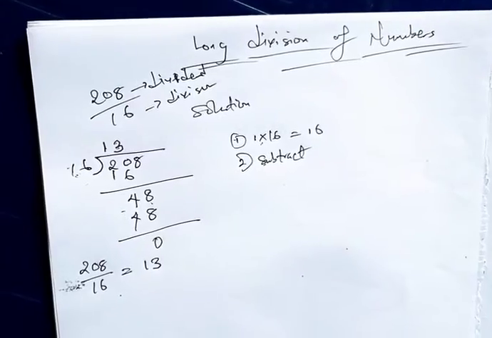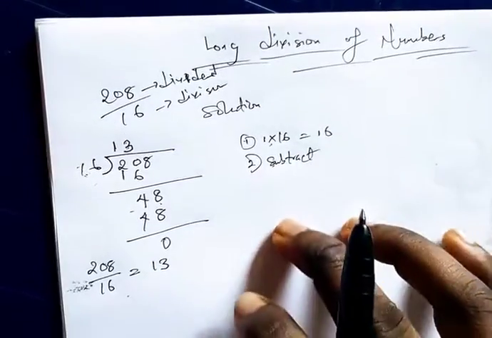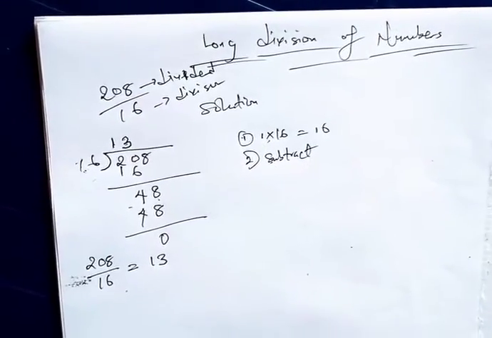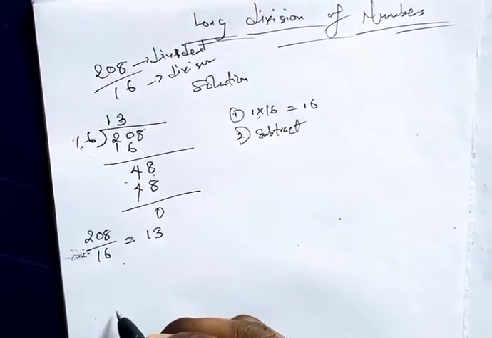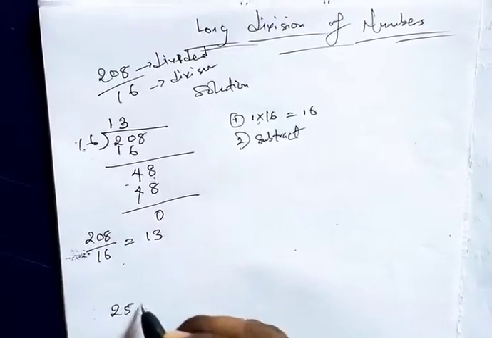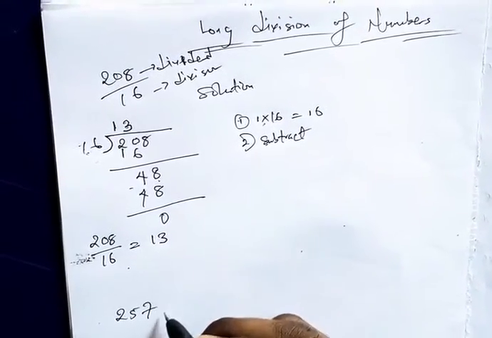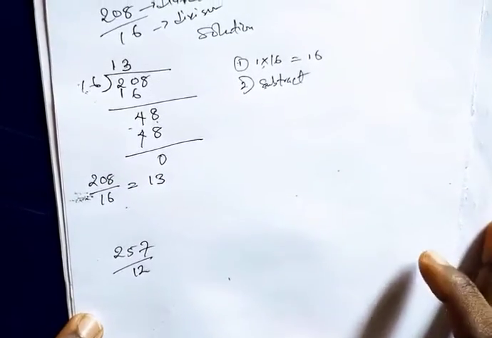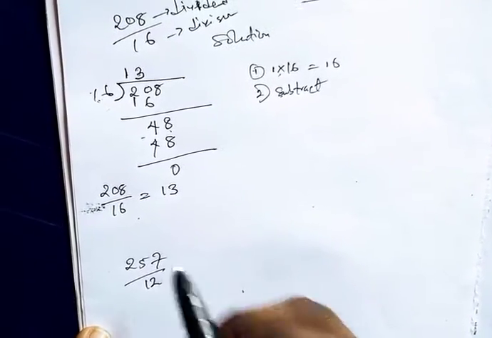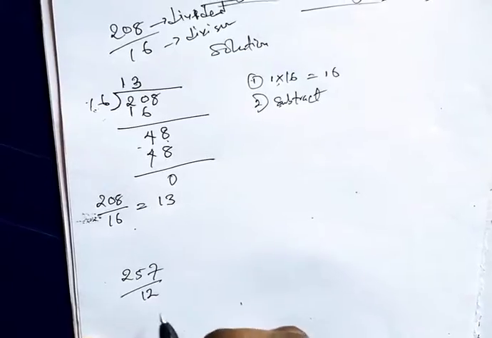So now this number is exact. What if we are given a number that will end up as decimals? Something like 257 divided by 12. Now, something like this shouldn't end up with a whole number, it should end up with a decimal.